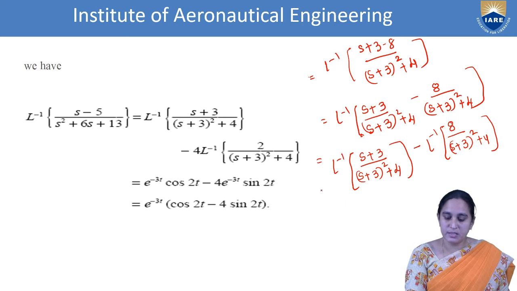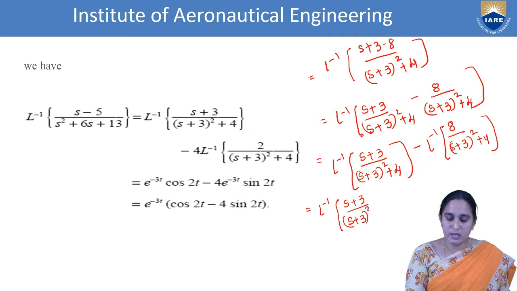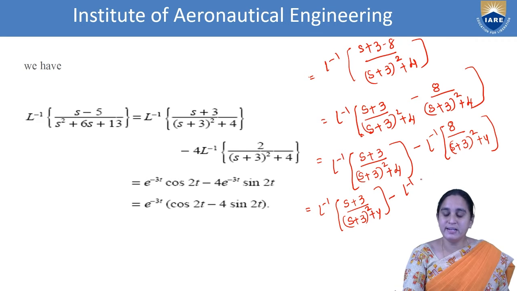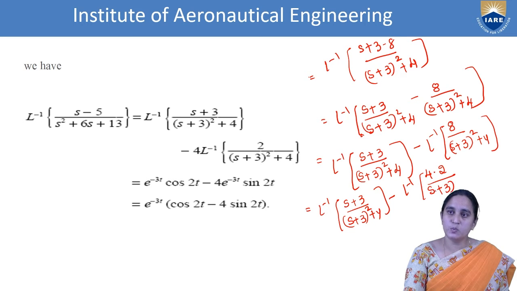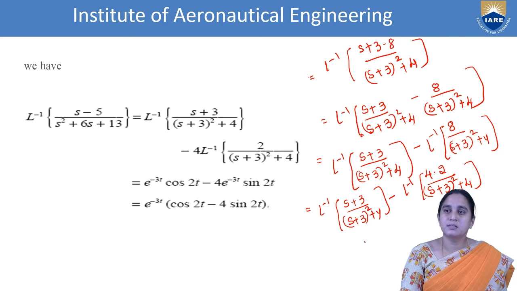Now for the next step, Laplace inverse of (s plus 3) by (s plus 3) whole square plus 4. Here I'll take 8 as 4 into 2 by (s plus 3) whole square plus 4.